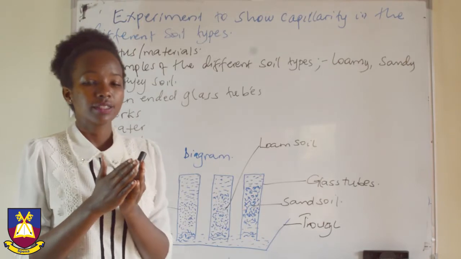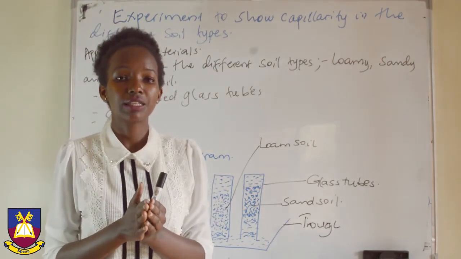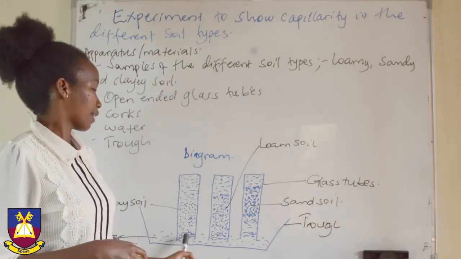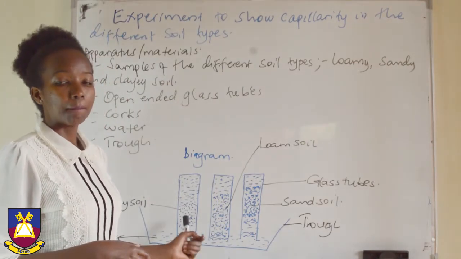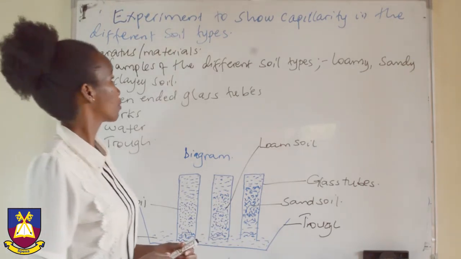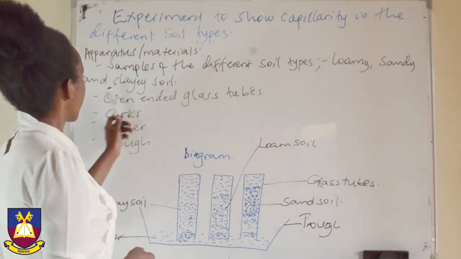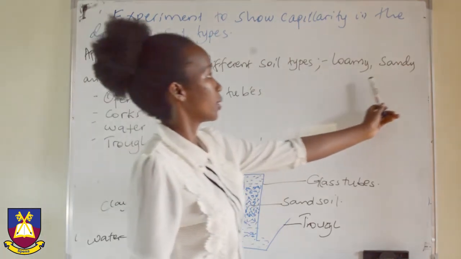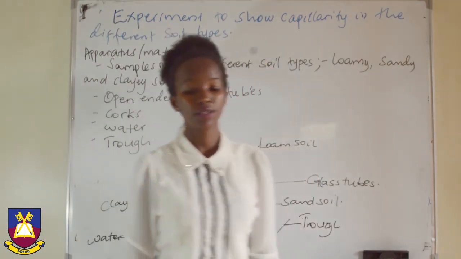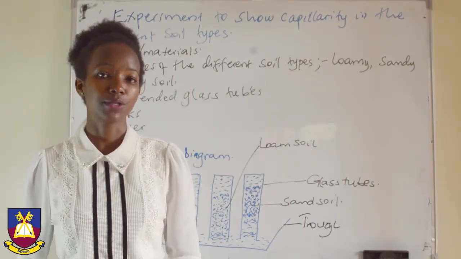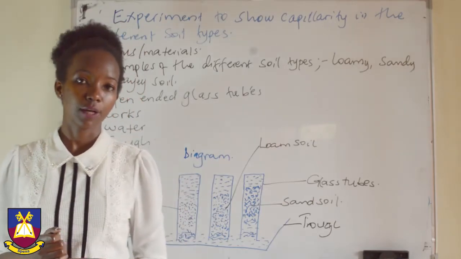But since capillarity takes place most efficiently in the narrowest of spaces, for that reason, capillarity is going to take place most efficiently within clay soil. So we can conclude by saying that clay soil has the highest capillarity, followed by loamy soil, and sandy soil has the lowest capillarity. And that's the experiment about capillarity in the different types of soils.